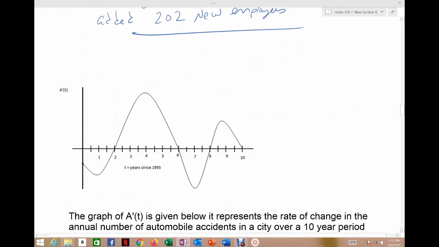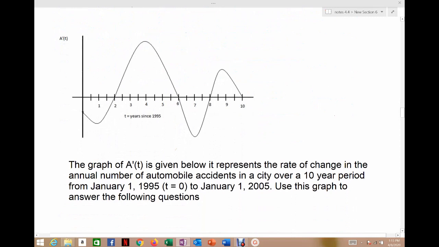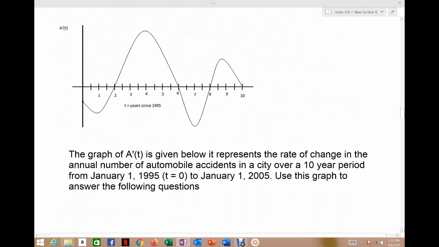My second example, which I have to put my areas in because it didn't copy over. I've got this equation which represents the number of accidents per year in a particular region when the study was done, over a 10-year period, 1995 to 2005.